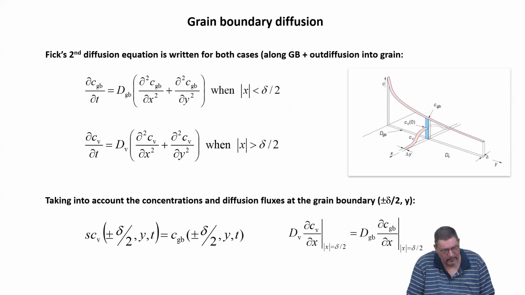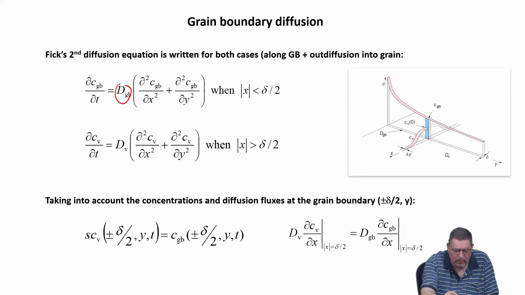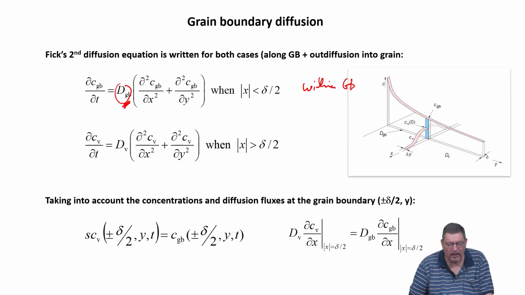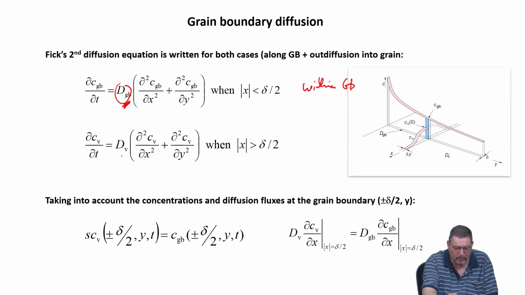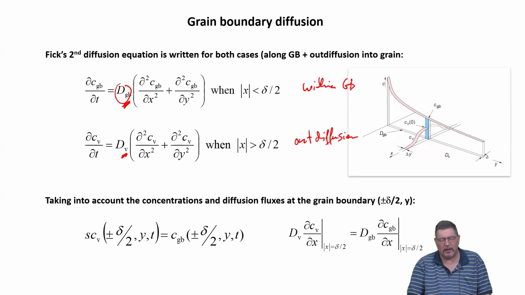So we write Fick's second equation, one with the grain boundary diffusion coefficient within the boundary, and the out diffusion with the volume diffusion coefficient for these x values which are beyond the thickness of the grain boundary.